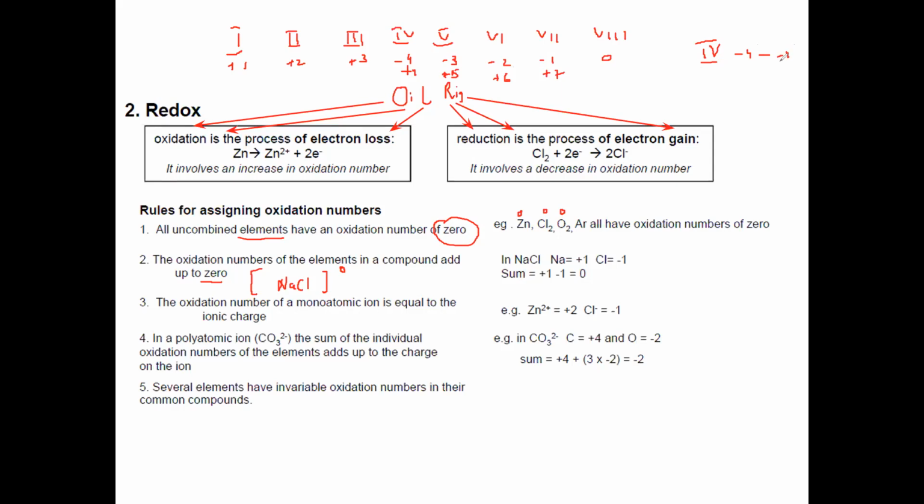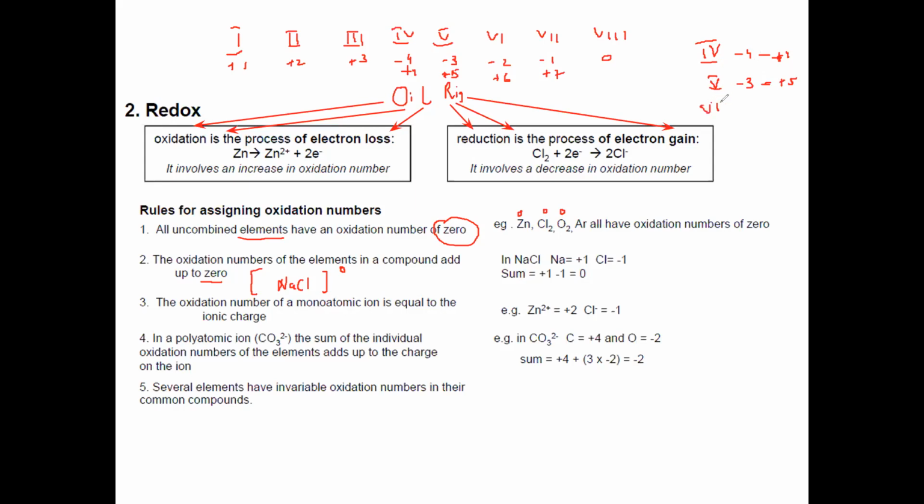Commonly it is -4, but it is not always true. It can have a maximum of +4. For group 5, commonly it is -3, but it can go up to +5. So from -3 to +5. It does not mean it will have either -3 or +5; it can have any oxidation number from -3 to +5.